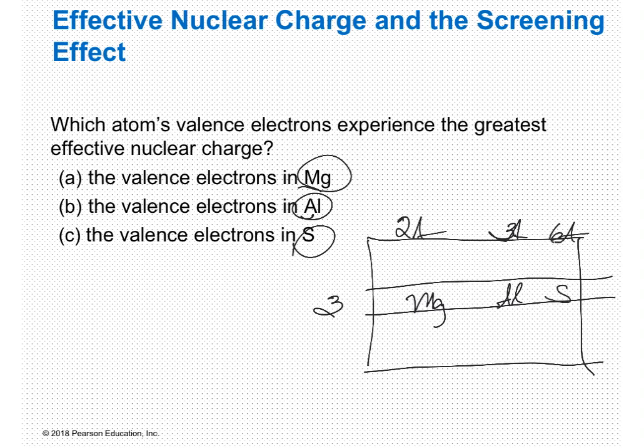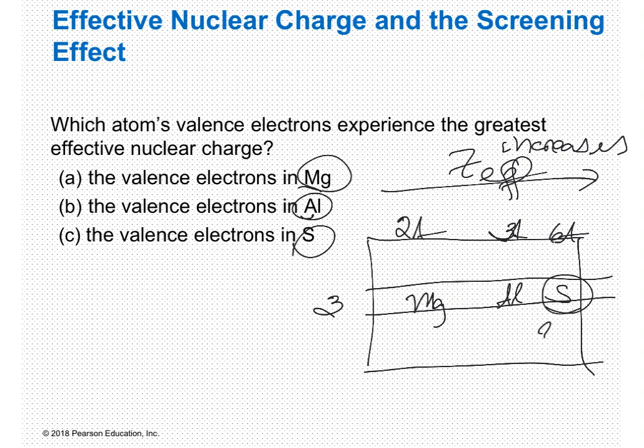So then you have to remember the trend for effective nuclear charge. Going left to right across any period, effective nuclear charge is increasing. So that means that the electrons in sulfur would experience the greatest effective nuclear charge. And remember why that is. Simply, sulfur has more protons in its nucleus.